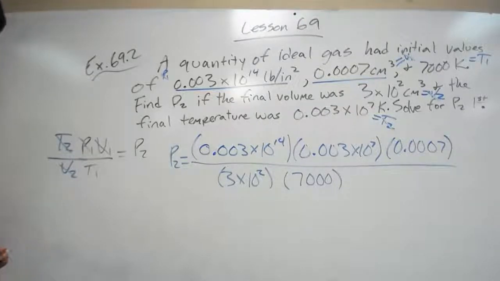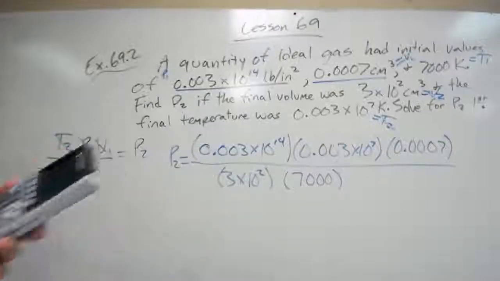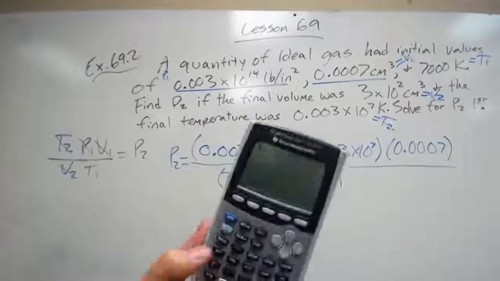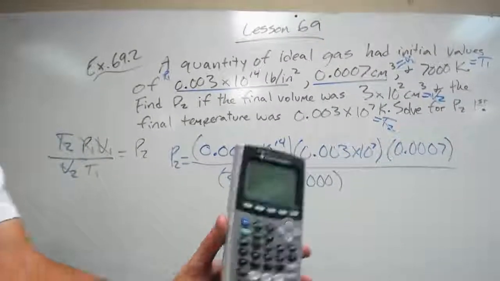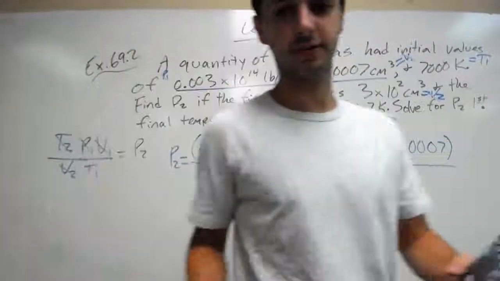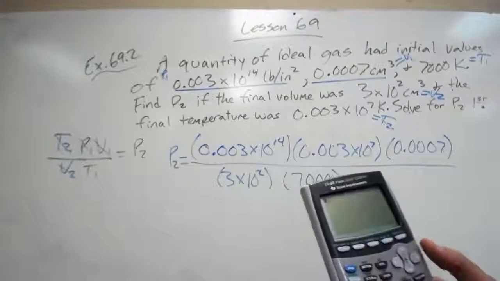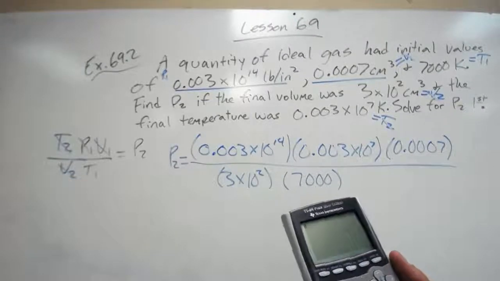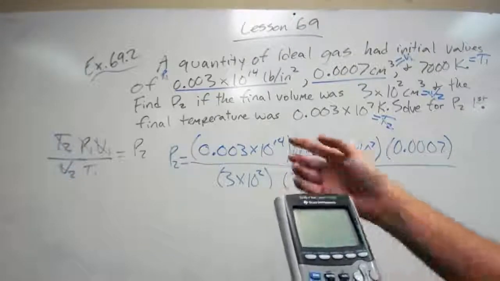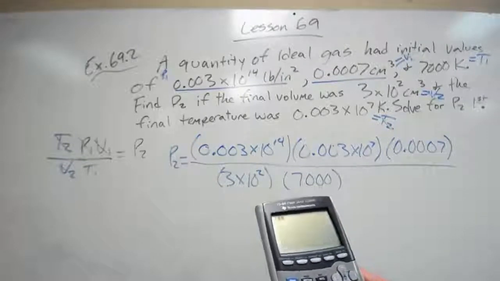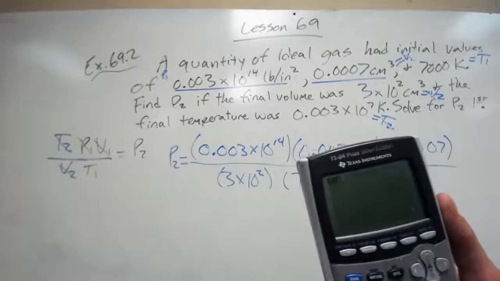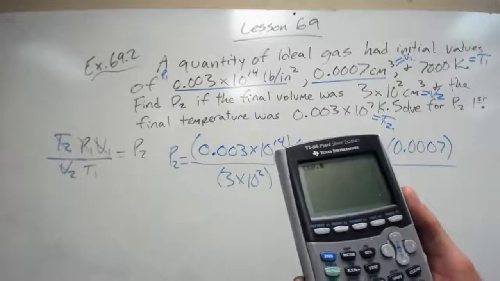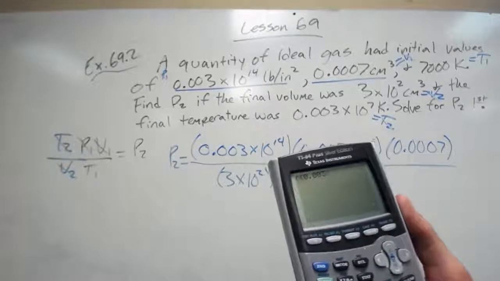Now, rather than solving manually, we're going to do this with our handy calculator. I'll help you put all this in, and I'll come over to this side so you can see what I'm plugging in and the problem. I'm going to plug in the top. I need to do double parentheses like I showed in the last lesson. I punch in 0.003.